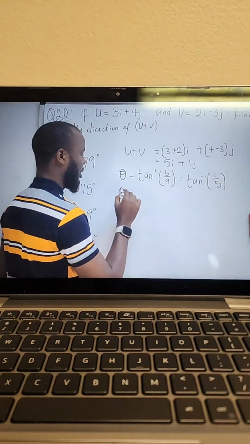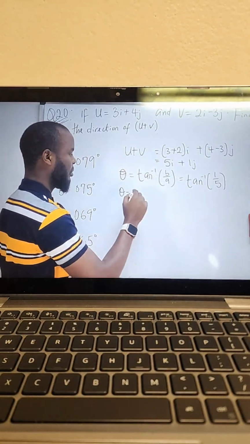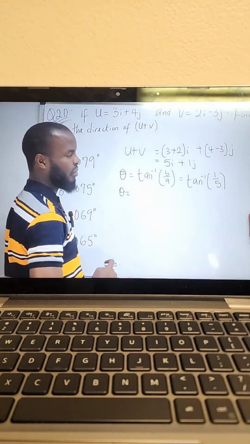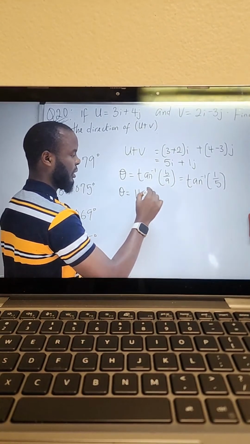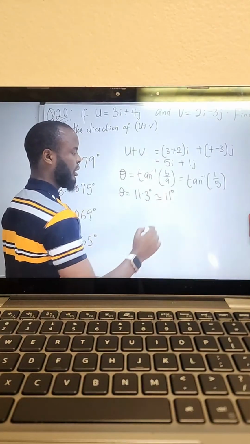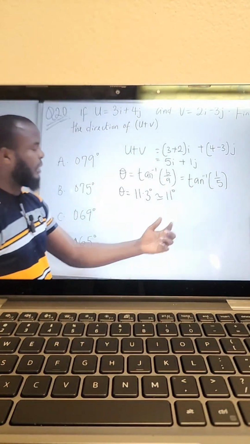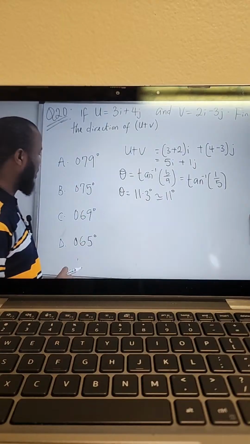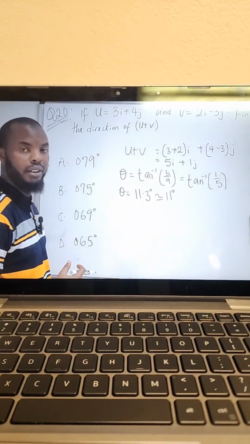Using my calculator, tan inverse of 1 over 5 should be equivalent to 11.3 degrees, or approximately 11 degrees. Now, looking at the options given to us here, you can see that none of the options is the same thing as 11 degrees.